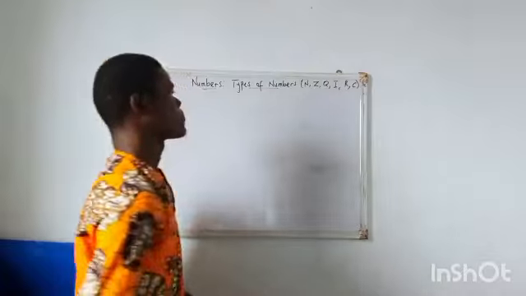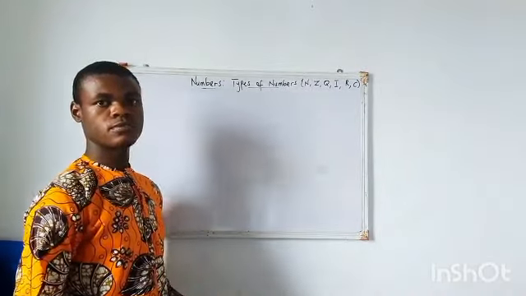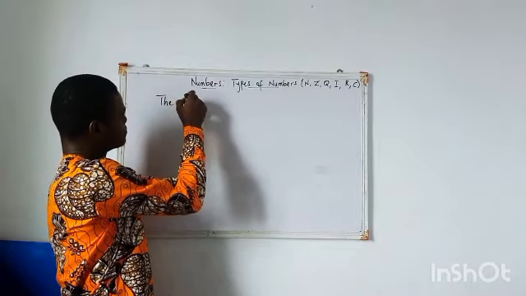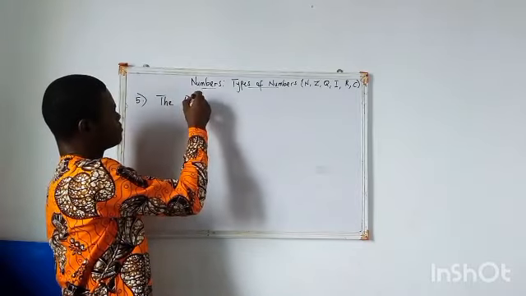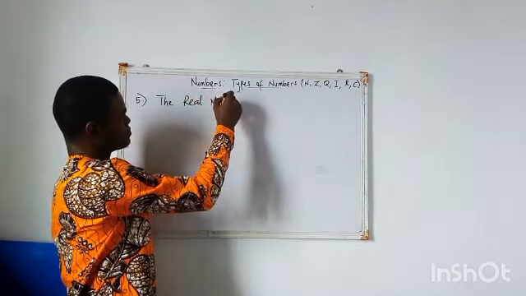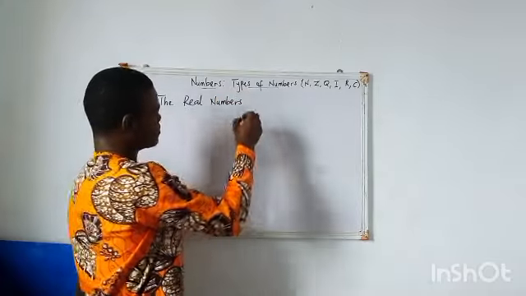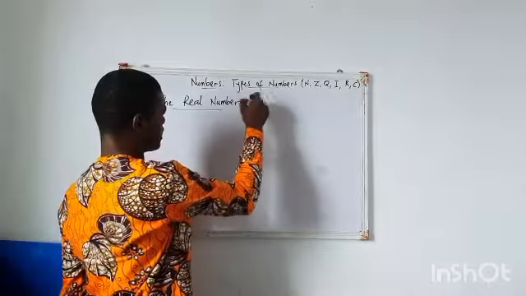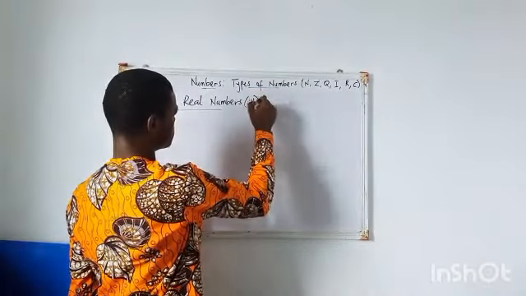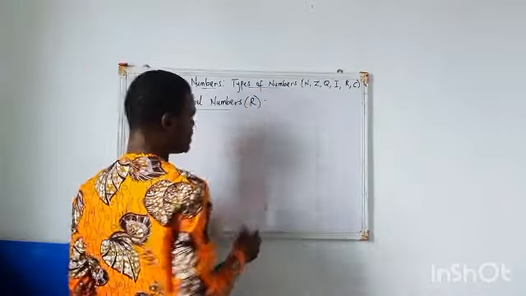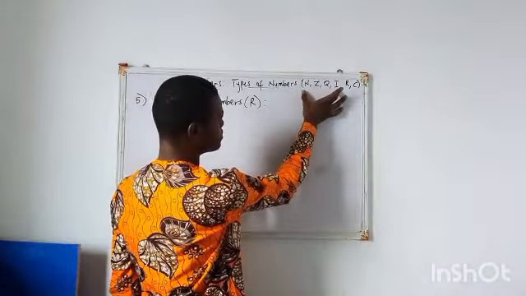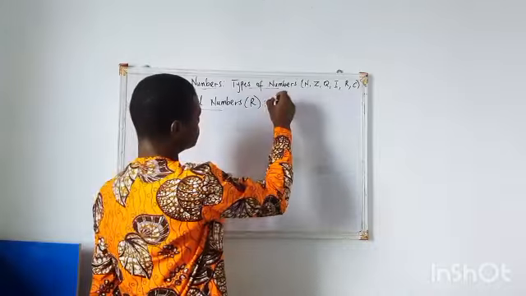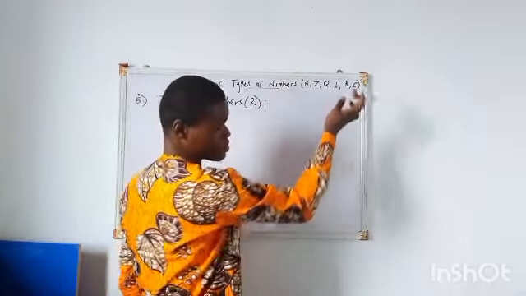Now let's go further. The fifth type of numbers that we're going to be dealing with is the real numbers. Number 5, real numbers. Real numbers have the symbol R. Real numbers is basically all of this together, the set of numbers that contains all these 4. So real numbers are just the opposite of complex numbers.